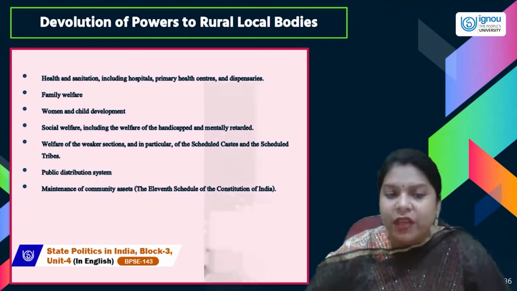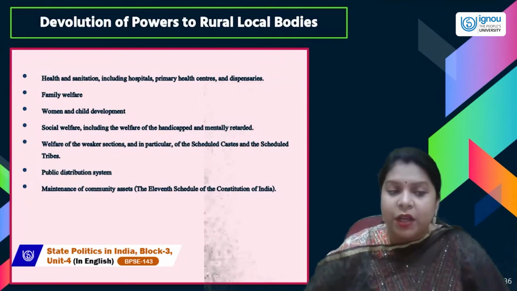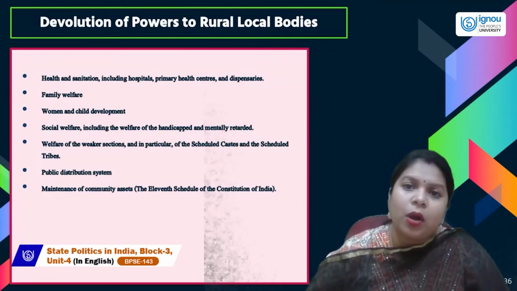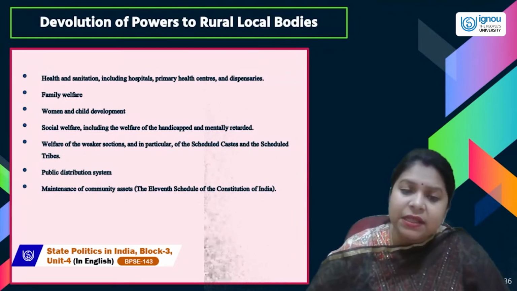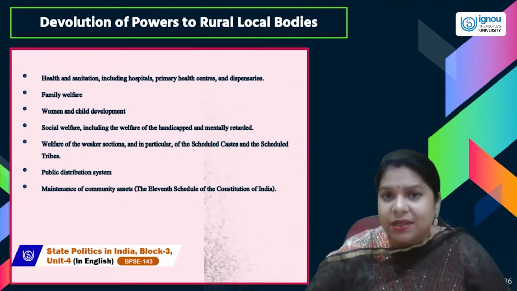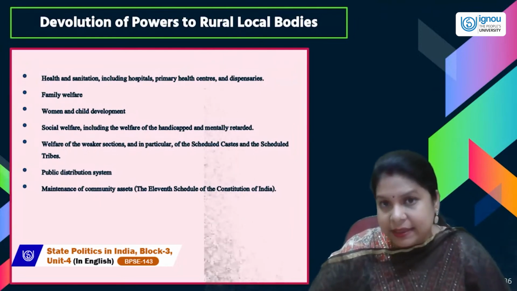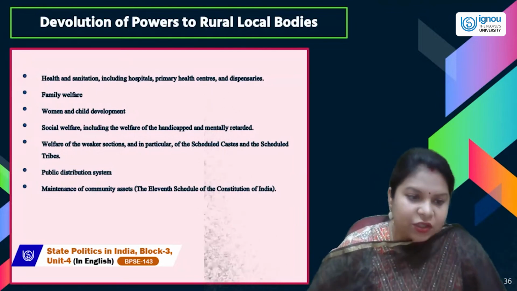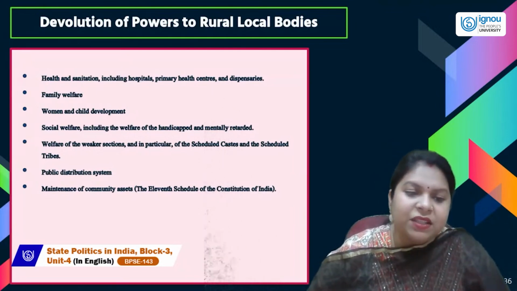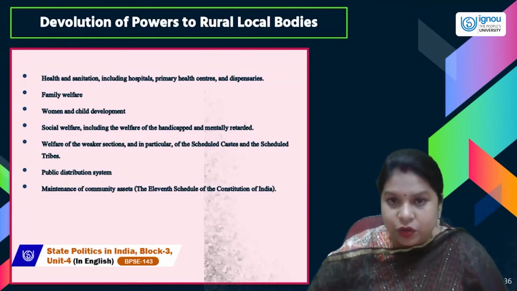So, welfare of the weaker sections, and in particular the scheduled castes and the scheduled tribes. They also talk about the welfare of these marginalized communities of society. It also talks about the public distribution system of resources, and this is very important. Also, there is the maintenance of community assets in the 11th Schedule of the Indian Constitution.